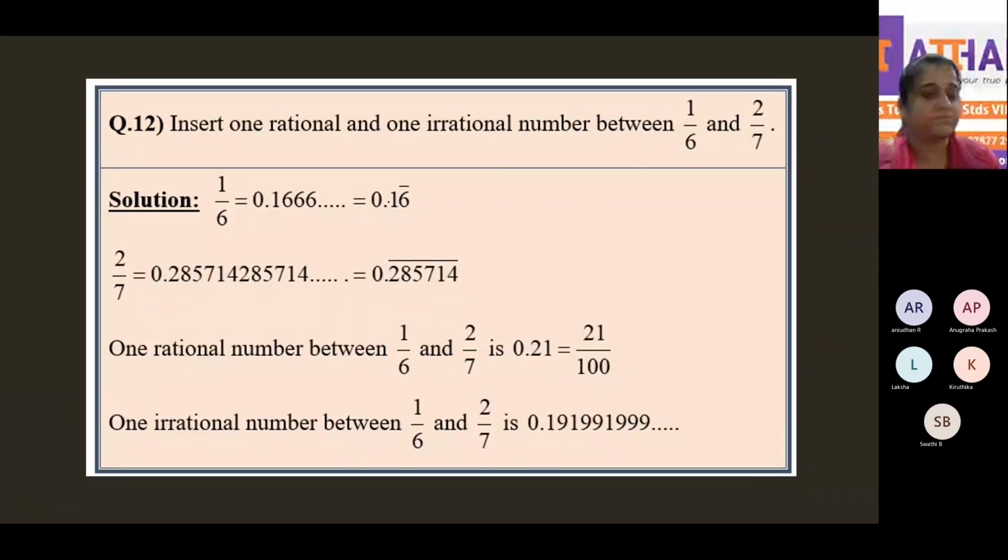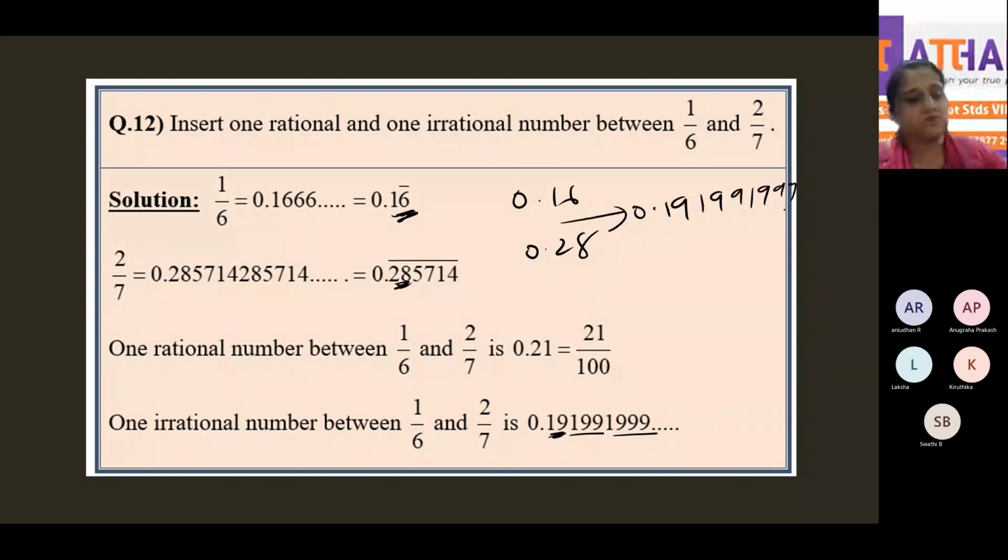I've got 0.16 recurring, and 2/7 is 0.28 recurring. So for the irrational number, I have written 0.19, 0.199, 0.1999, and so on, between 0.16 and 0.28.